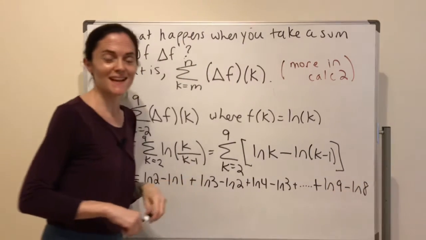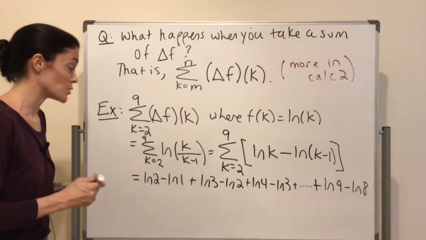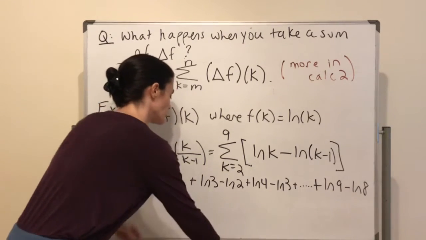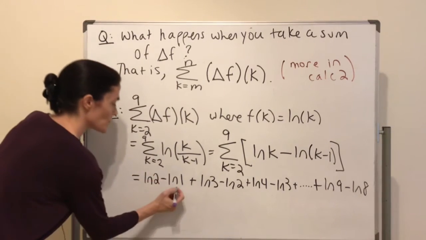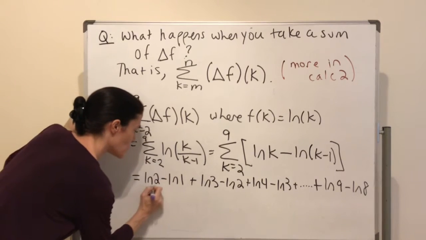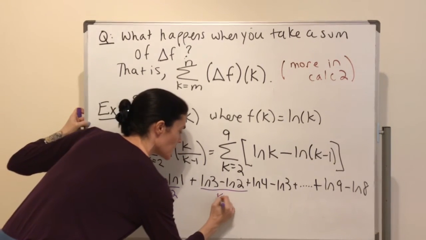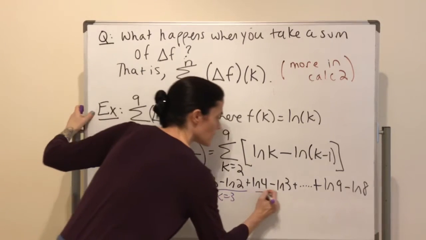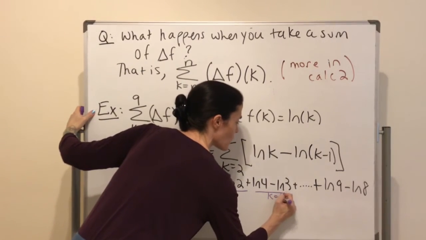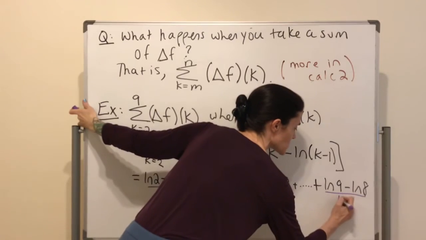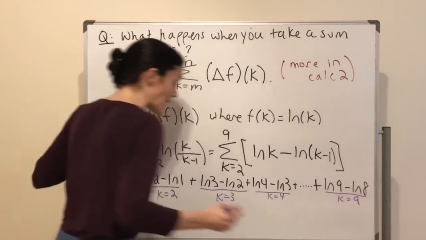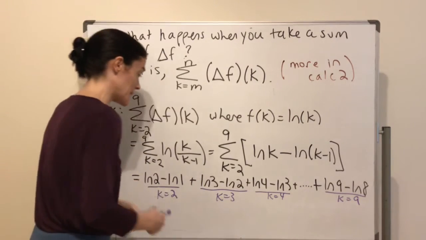Now let's get another color because we can really see some beautiful things happening. Okay, so maybe I should write below k equals 2, this was k equals 3, k equals 4, and then this was the last term, k equals 9. But now let's see what's happening.